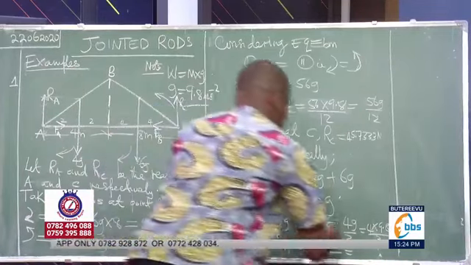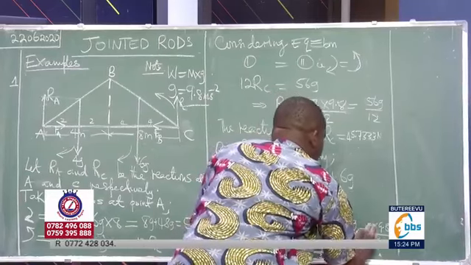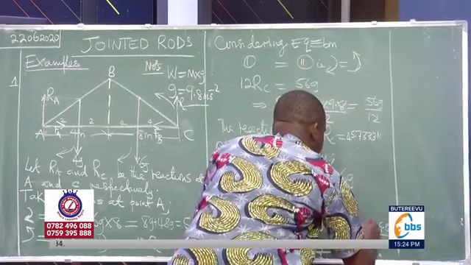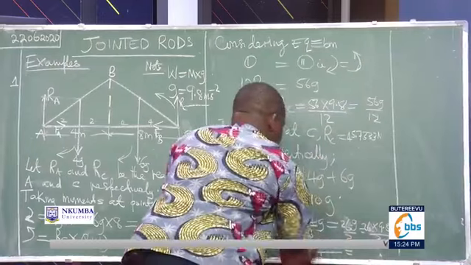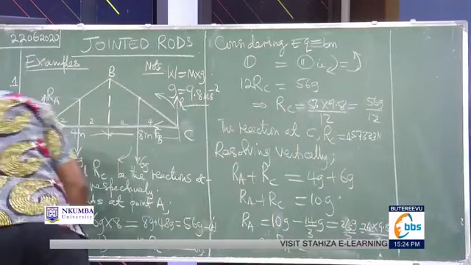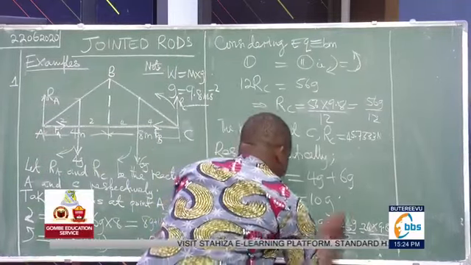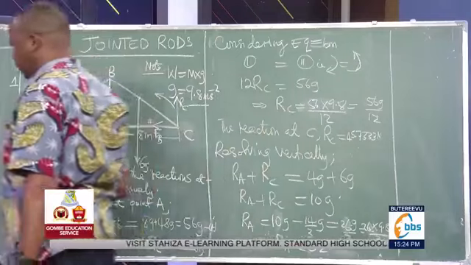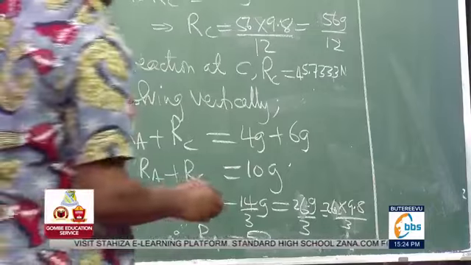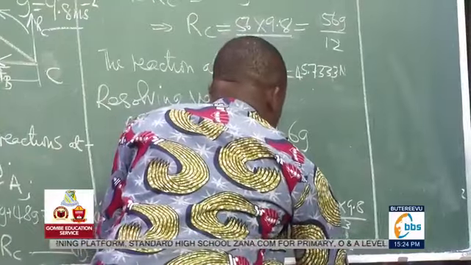This is 30 minus that, that is 26. 26 times 9.8 out of 3 will give you, upon computation, the value of RA as around 52.266 recurring, which you can round off to 52.27.